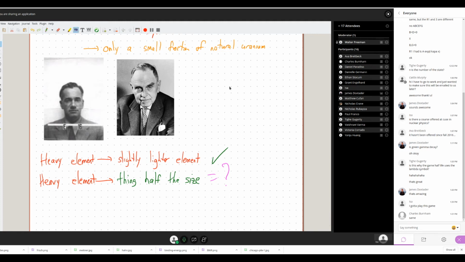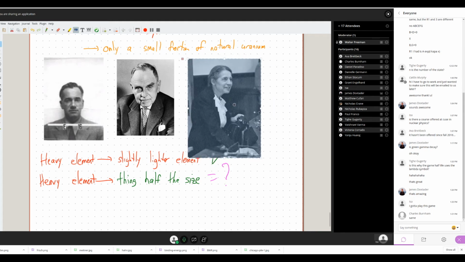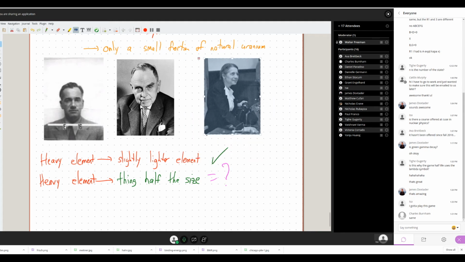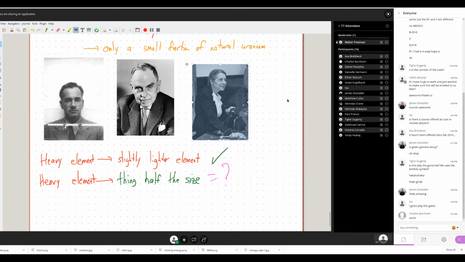And then these two folks, who were both refugees from Nazi Germany, wrote to Lise Meitner, who saw their chemical results and said, oh, well, you've taken a heavy atom, and now your chemistry is producing two other atoms that are much lighter.